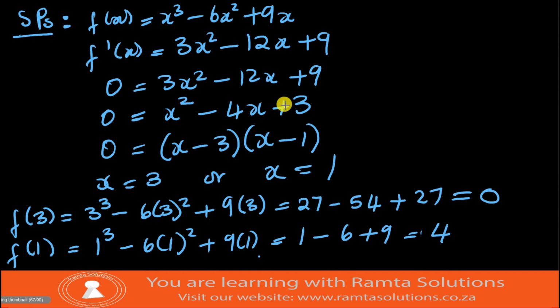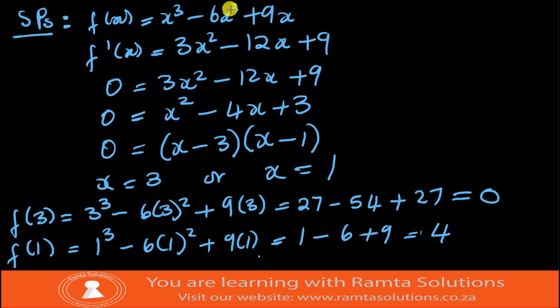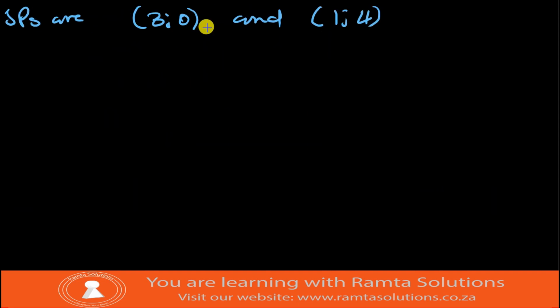I remember saying to you, if your roots are repeating, that repeating root will also be a stationary point. And we just found that out now. So now we found the coordinates of the turning points.